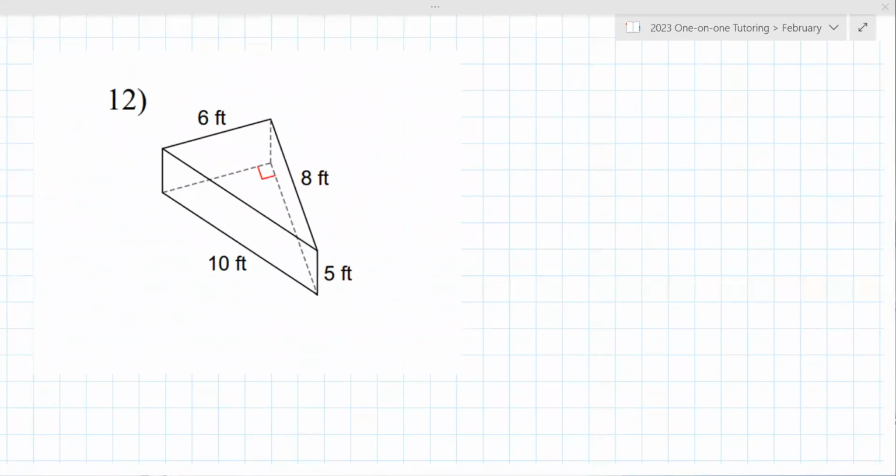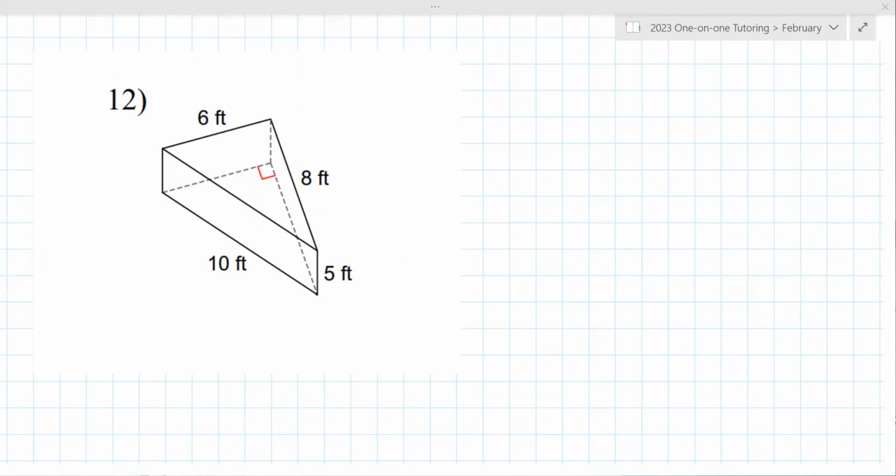Okay, I can go ahead and do that. Okay, so this is just a 10, 6 times 8. Wait, this is a prism, right? It is, yeah.